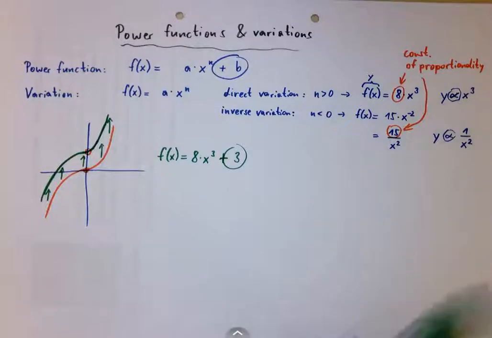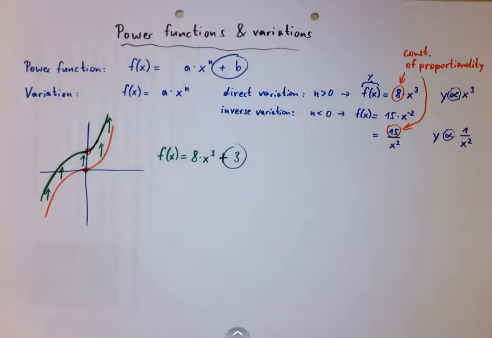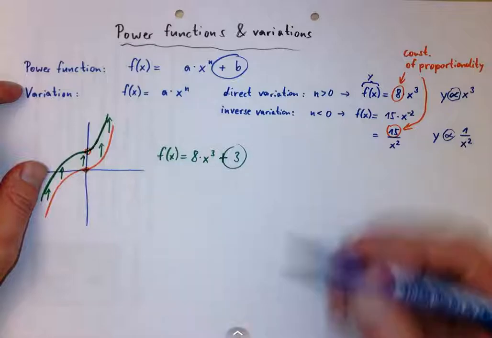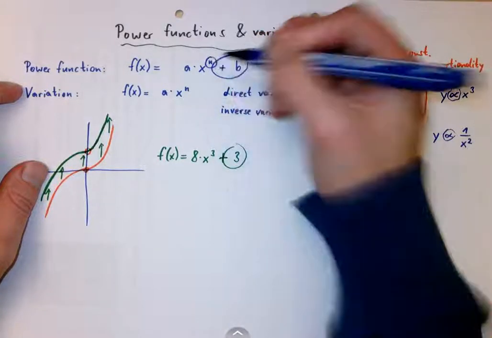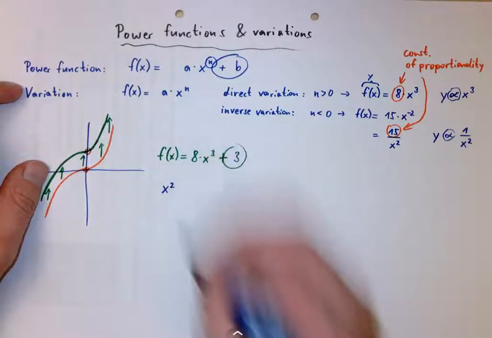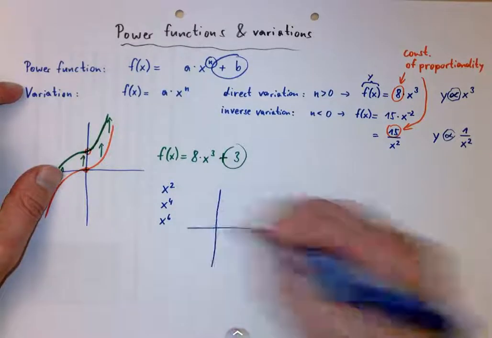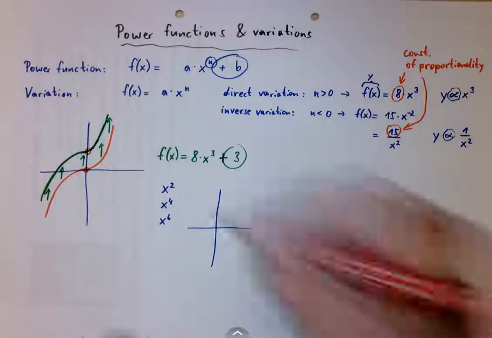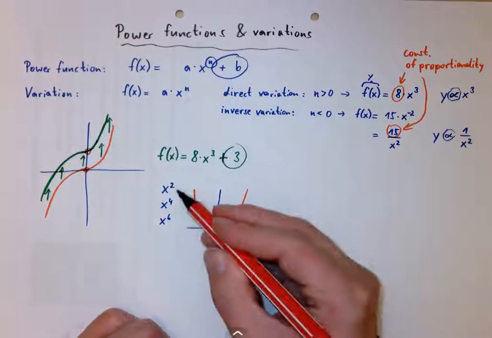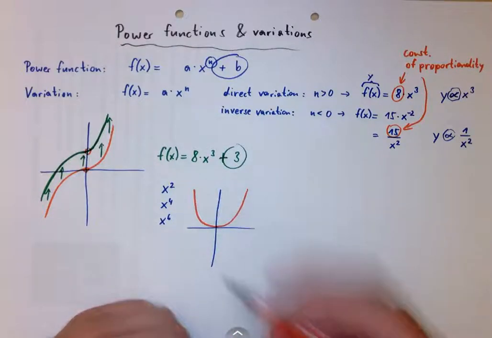Okay, there is a systematic property of power functions in general, because their general shape depends on the n. If, for instance, we have x to the second power, or x to the fourth, or x to the sixth power, then the graphs will always look like this. Of course there is some variation between x to the second and x to the fourth, but in general they would always look like this.